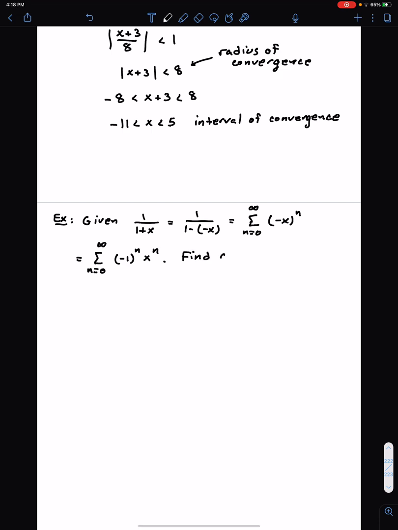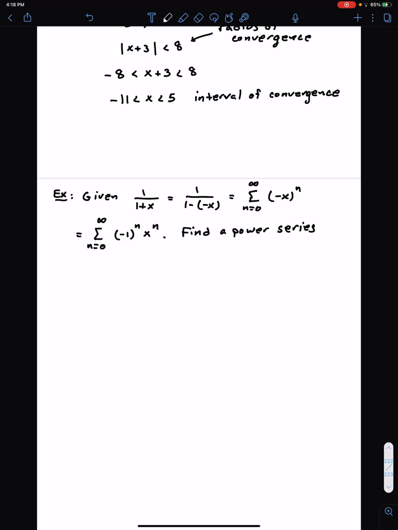Find a power series for the function 2 divided by quantity x plus 1 cubed. And if you notice, this is the second derivative of 1 over 1 plus x.